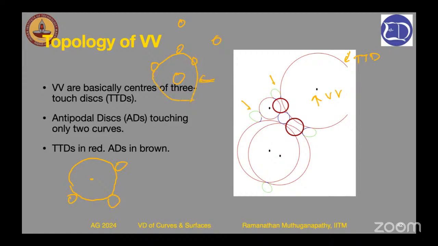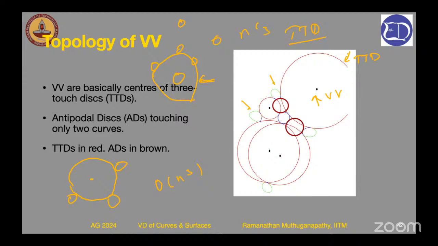Not being empty means it cannot qualify as a Voronoi vertex. Now I can do a simpler process. I can take all N choose 3 curve triples, try all the three-touch disks, and find which are empty. But you can observe that the complexity of such an approach will easily be O of n cube, if not more, because you have to test against all other curves. And in terms of complexity, that will take a big beating.